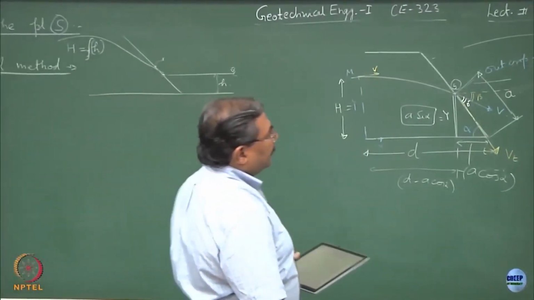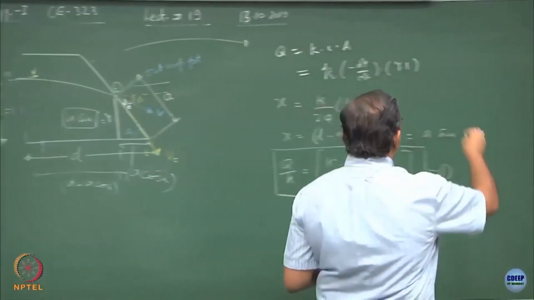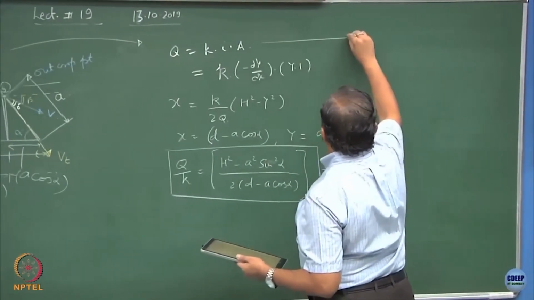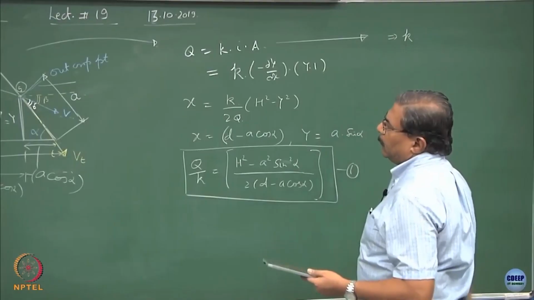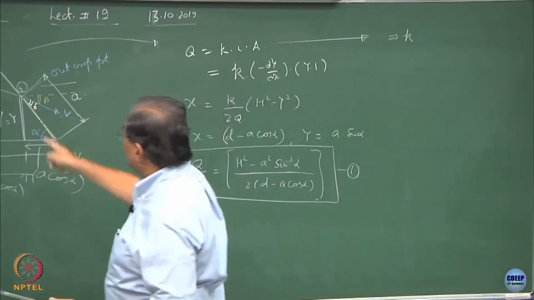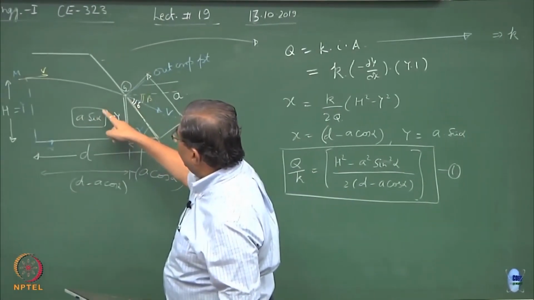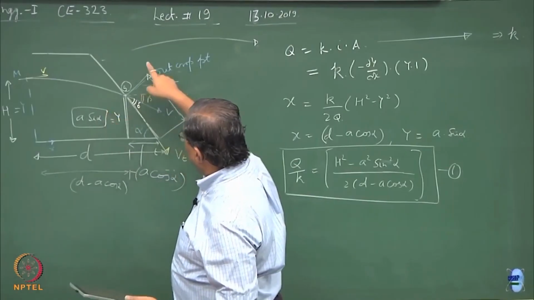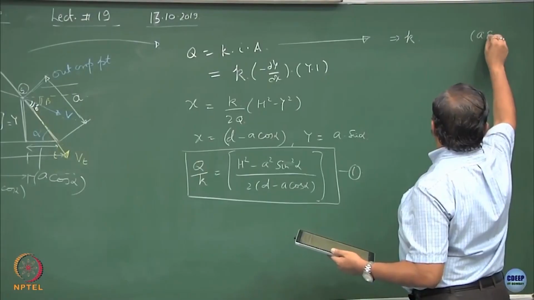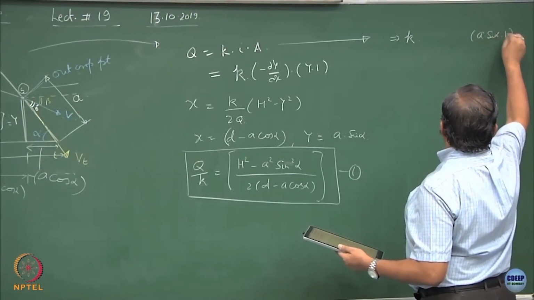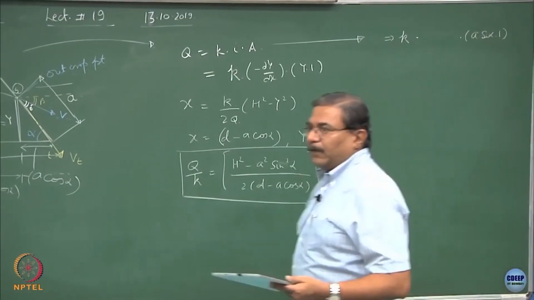Another equation I can obtain by equating Q to be equal to K into, can you tell me what will be the another equation? Suppose if I use this function, A sin alpha is the area of cross section through which the flow is taking place. So, the Y term becomes A sin alpha into 1. What will be the hydraulic gradient here?